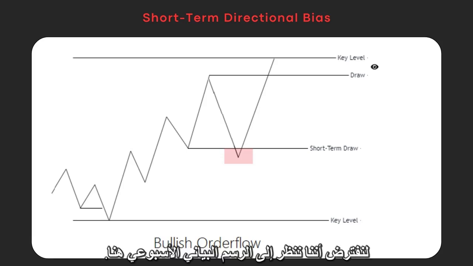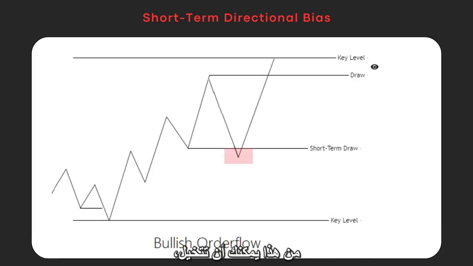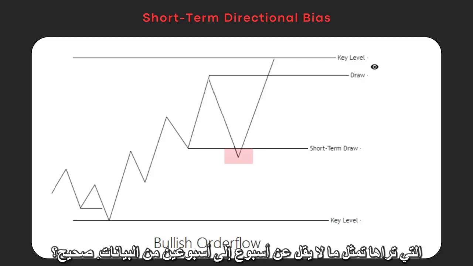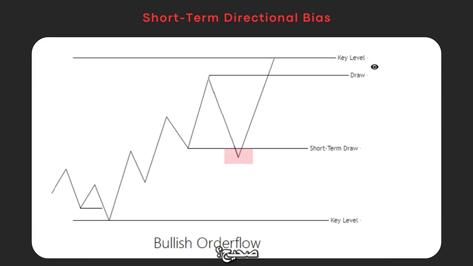Let's assume we are looking at the weekly chart right here, and these graphics that you can see represent the weekly time frame price action, right? Now from this, you can imagine and you could probably guess that each one of these swings that you see represents at least 1 to 2 weeks of data, right? And at least 200 to 300 pips worth of price action, right? Each swing represents that framework.